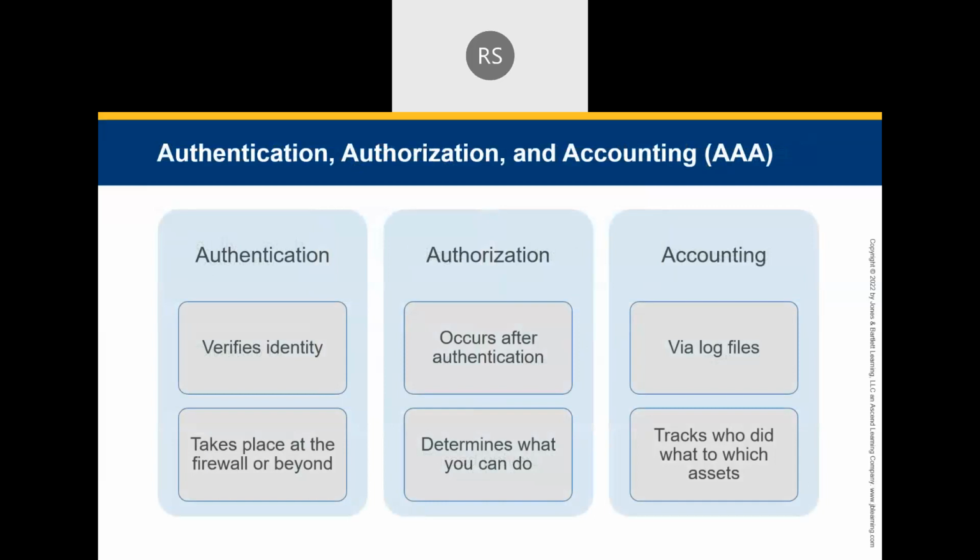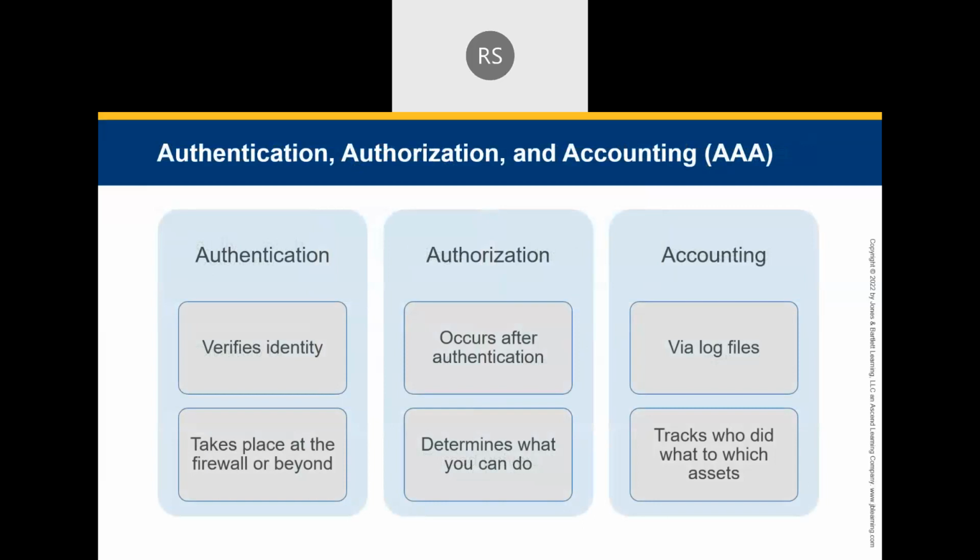And when we talk about the AAA, the authentication, authorization, and accounting, authentication is going to verify the identity. So it ensures that each user or system trying to access the network or resources is who they claim to be. Now this takes place at the firewall, or it may extend beyond it to cover the various network entry points. The authorization occurs after the authentication.